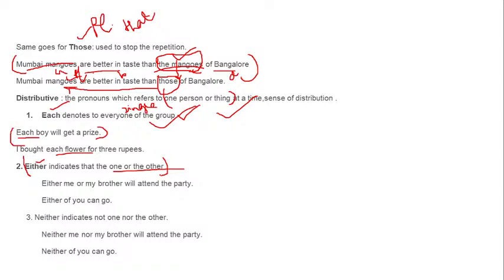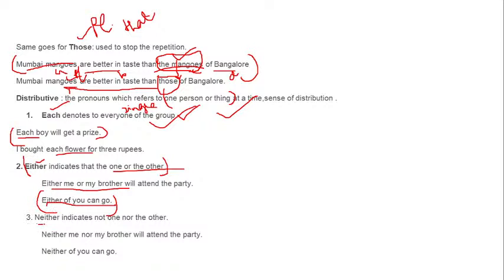But: Either me or my brother will attend the party. That means either the one or the other. Either me or the other person will attend the party. Either of you can go. That means any of them can go. Any of the two people can go. Either one or the second one.